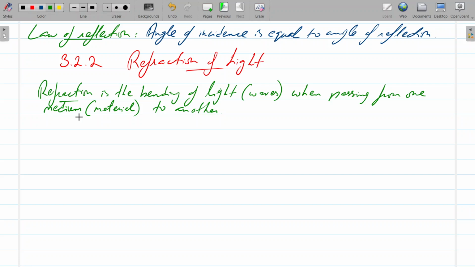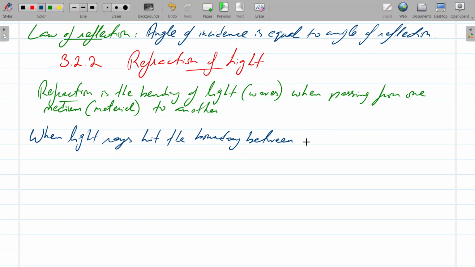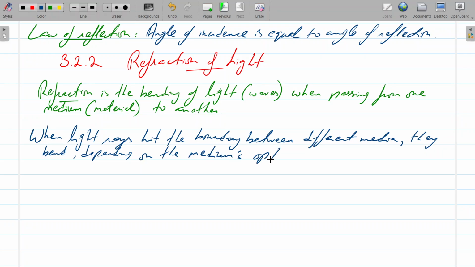Light travels in straight lines, but when it's moving between different materials, between different media, as soon as light rays hit the boundary between different media, they bend depending on the medium's optical density.